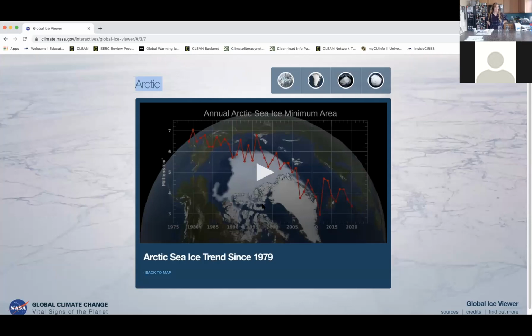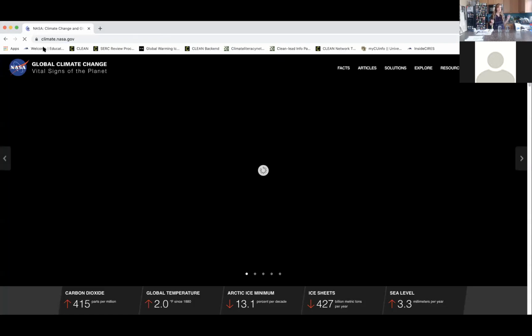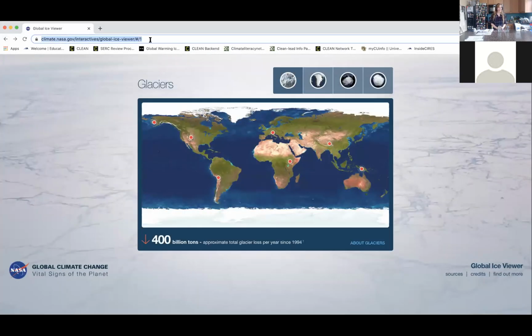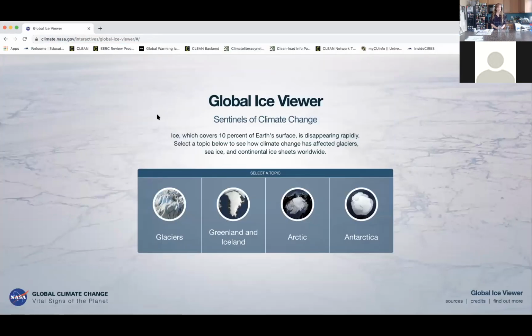So we're going to take a look at one of the resources that CLEAN has by NASA called the Global Ice Viewer. If you take a chance later to explore it, it talks about the ice sheets and glaciers, but we're going to look at the Arctic sea ice on the Global Ice Viewer.